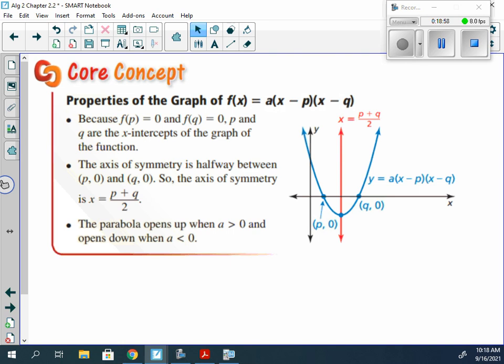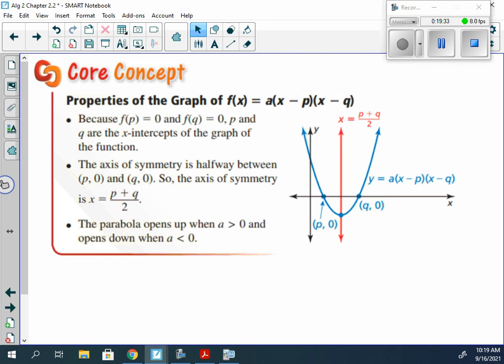And that really means our vertex is just going to be the point p plus q divided by 2, comma, f of p plus q divided by 2. Because again, what the axis of symmetry is equal to is the x value of the vertex.